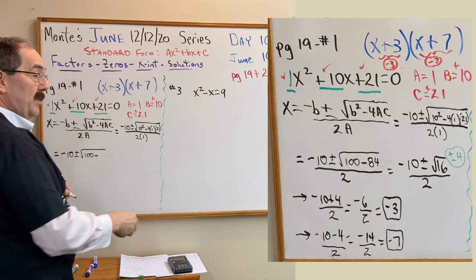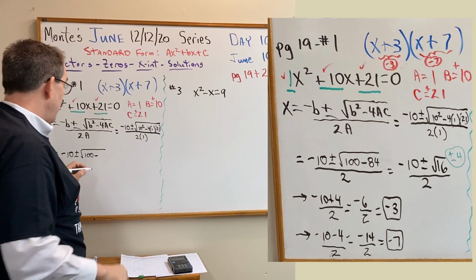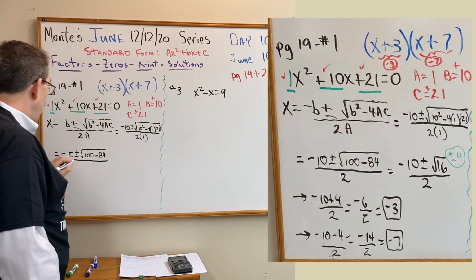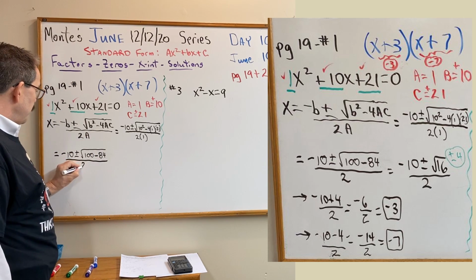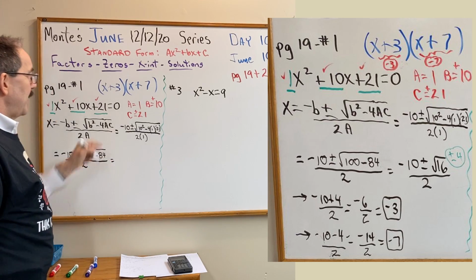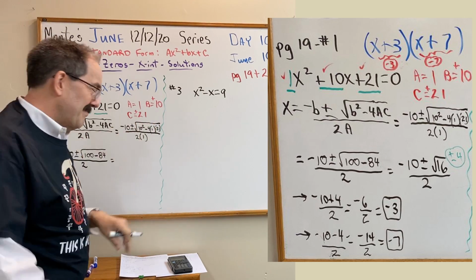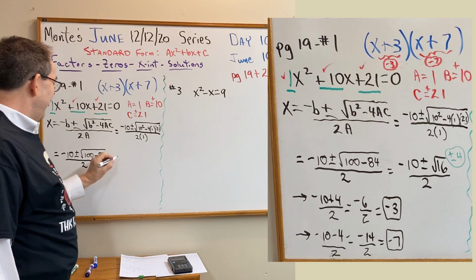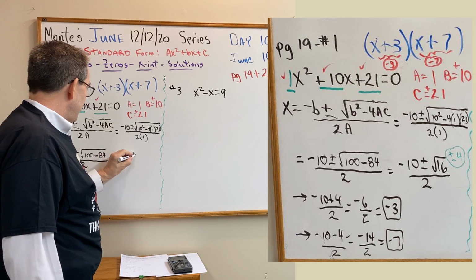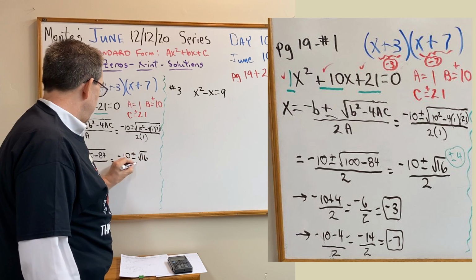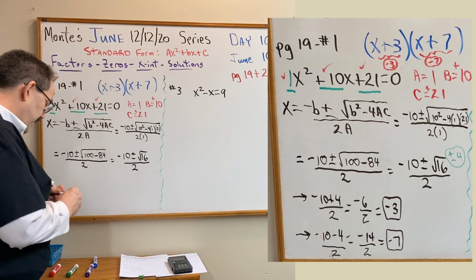Now, 4 times 1 is 4. 4 times 21 is 84, all divided by 2 times 1 is 2. Now, I knew we were looking for nice round numbers, and when I saw that it wasn't going to come out right, that's what caught me. Okay, negative 10 plus or minus the square root of 100 minus 84 is the square root of 16, all divided by 2.